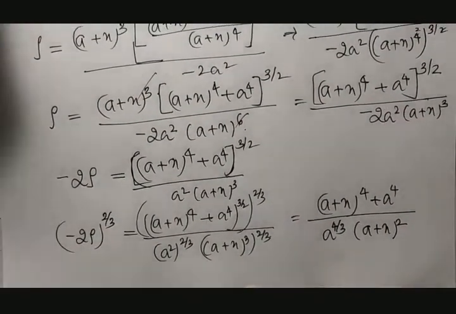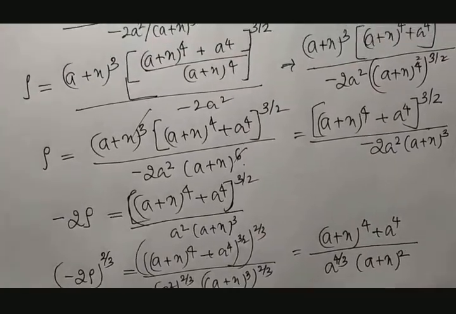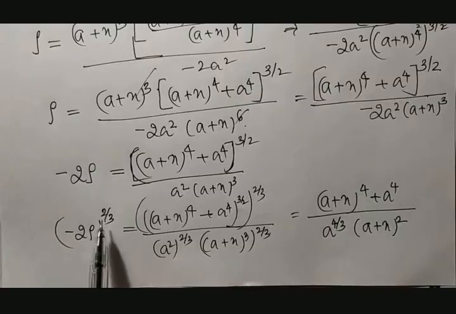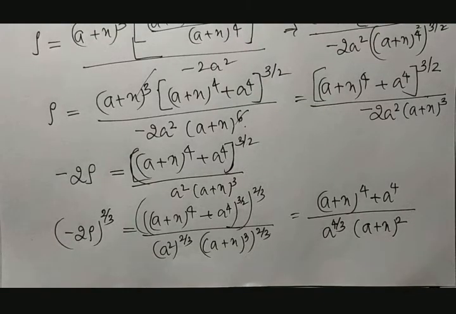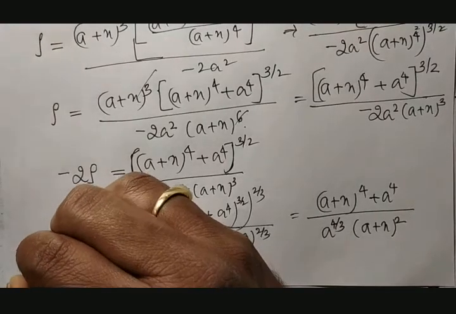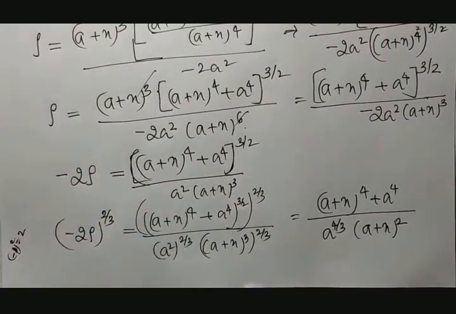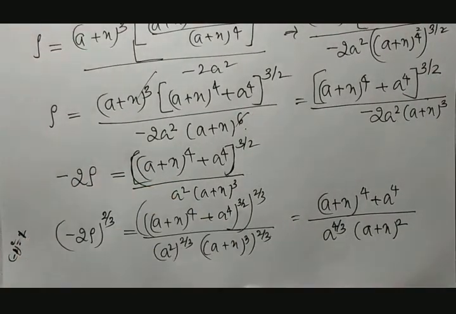But one thing we need to keep in our mind. We know that an even power of minus is plus. Fine. Because we know that minus 2 square will be plus 2, minus 1 square will be plus 1. So similarly, minus becomes plus.